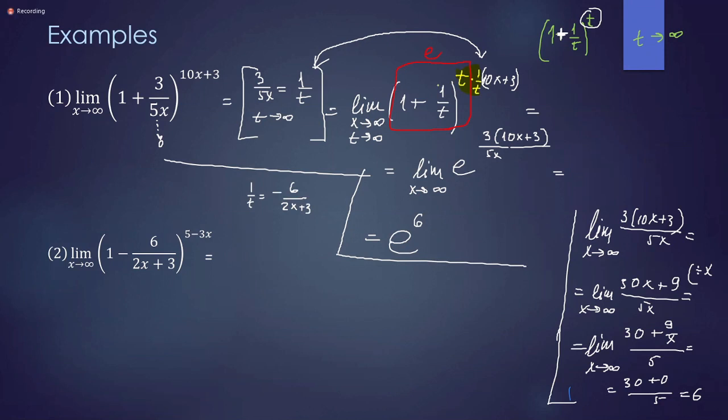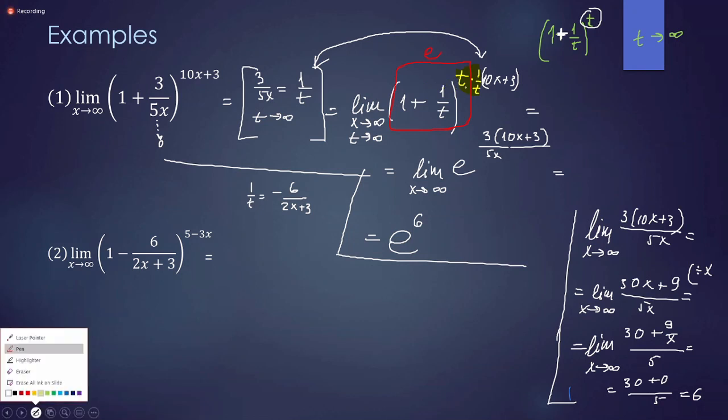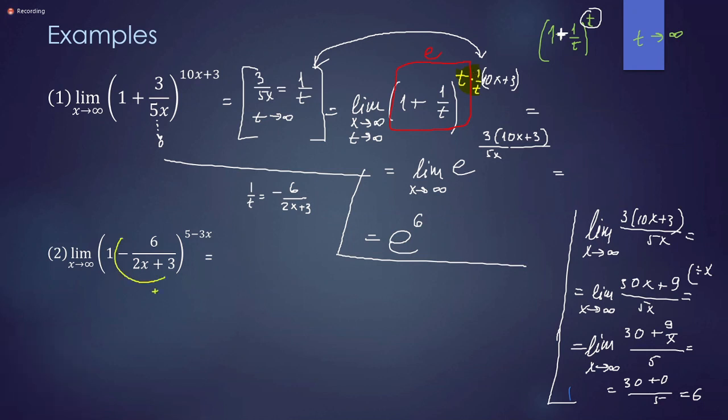I take this together and say this will be plus 1 over t. So that's why I do have that minus sign in there. And of course, if x tends to infinity, then t will tend to, in this case, minus infinity. The thing about this limit is that it works. It doesn't matter whether t or x tends to positive infinity or negative infinity. As long as it tends to infinity, everything is all right.